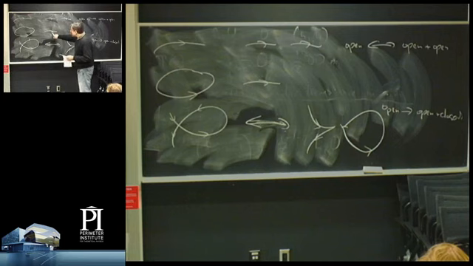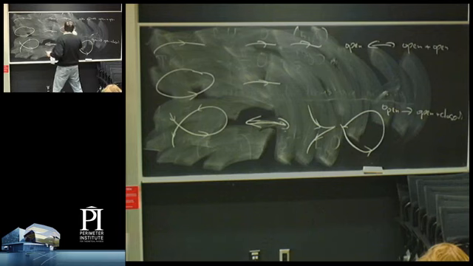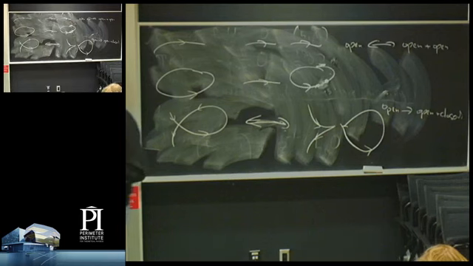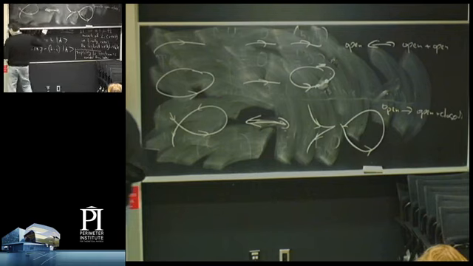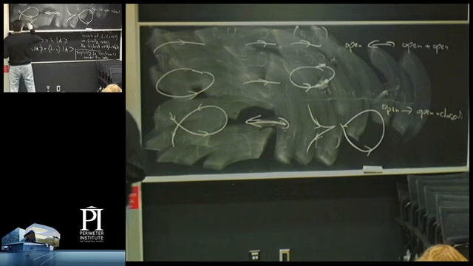Another process that can happen is that a closed string can split into an open string. And the final type of interaction is the crossover.